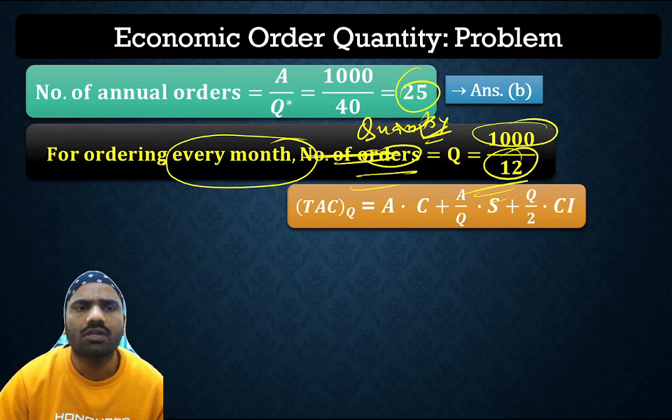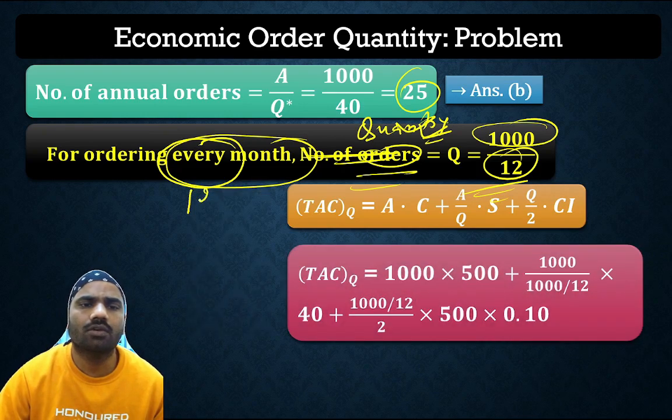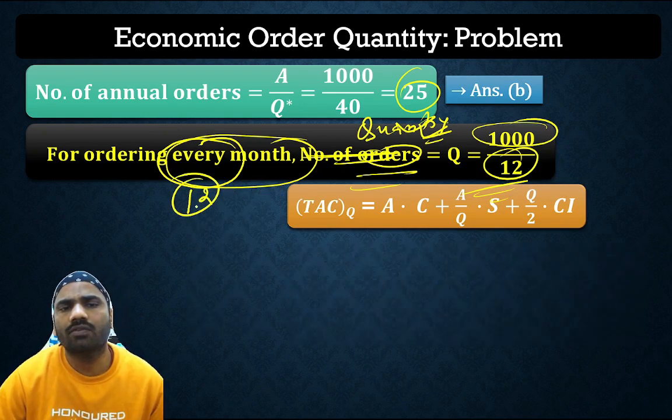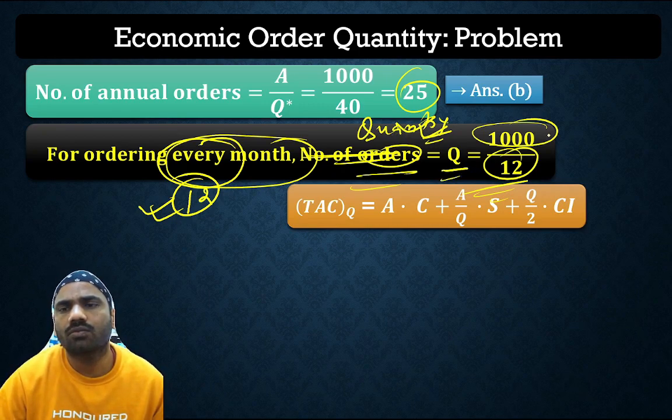This is not the number of orders. Since we are placing an order every month, the number of orders will be 12, and the quantity Q will be 1000 by 12.